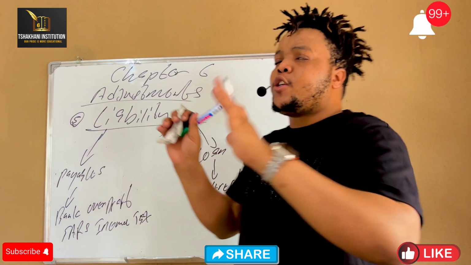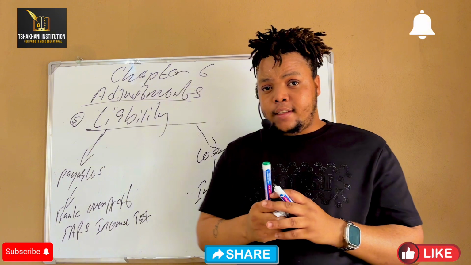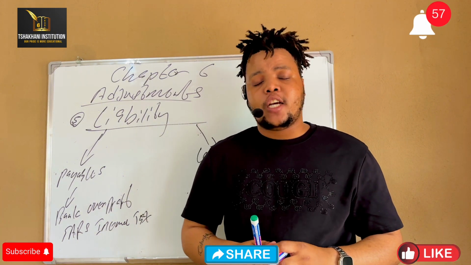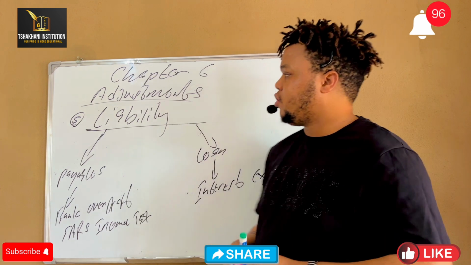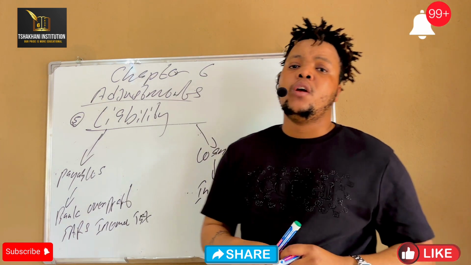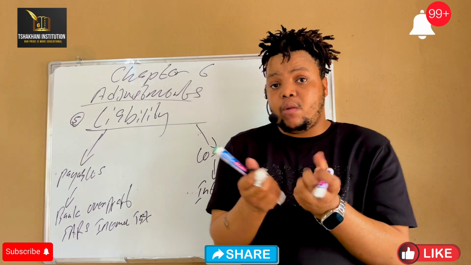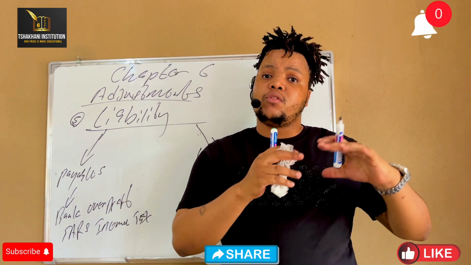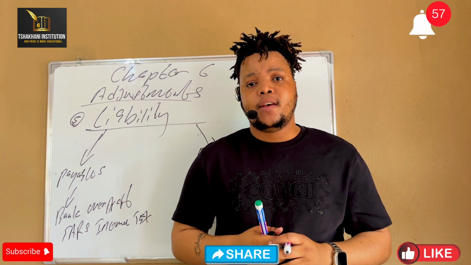That's what you need to understand when you are doing this chapter, dealing with the analysis of the adjustment, and then we record. So these are the things that we are going to discuss more in practicals. When we have an activity, we read the adjustment, we identify the accounts so that we can answer the required.